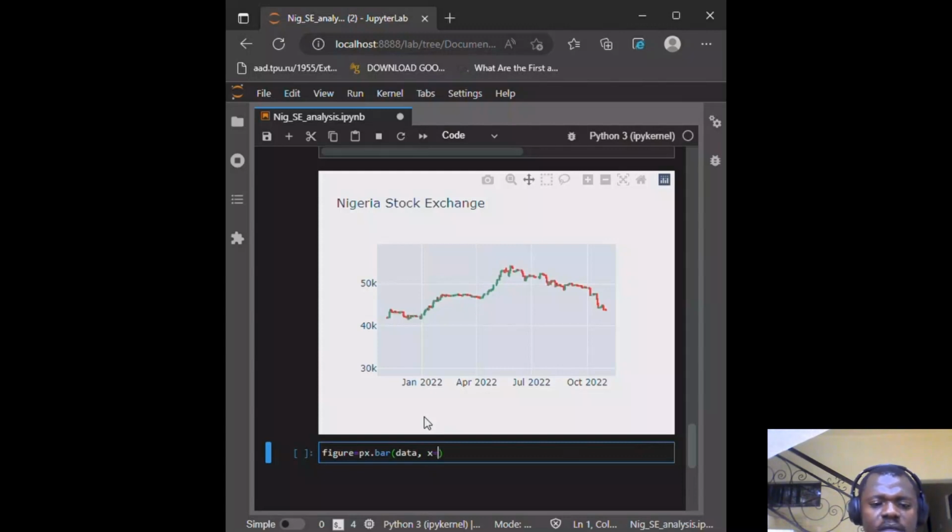The next parameter is the value on our x-axis, which is the date, and then we define the y-axis, which is price or close.